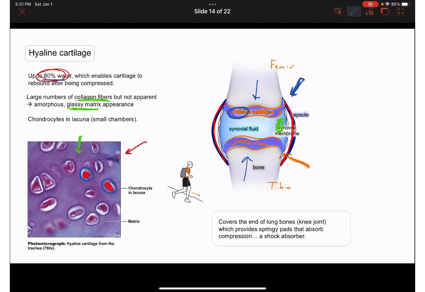And not only is it going to absorb that shock, but when the compression ends, that water is going to allow the cartilage to rebound and to go back to its normal shape. So they're shock absorbers. Because you certainly don't want bone hitting bone there. And over time, as your cartilage wears out, that can happen.